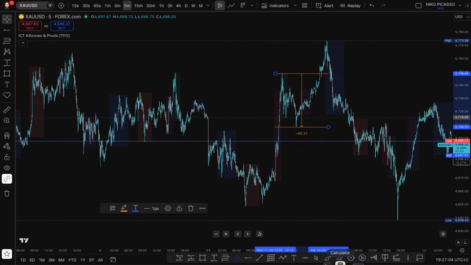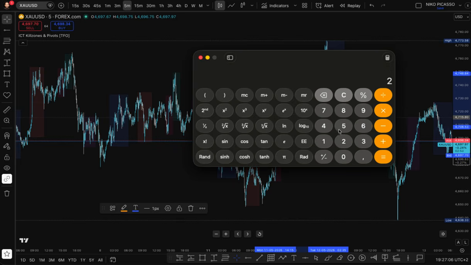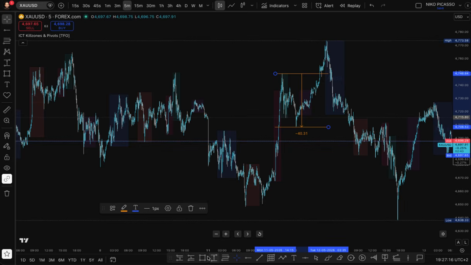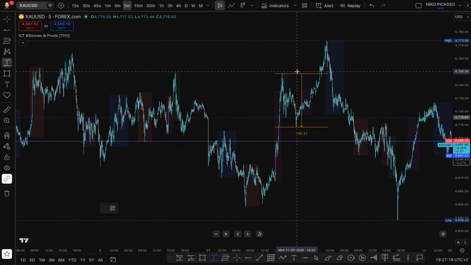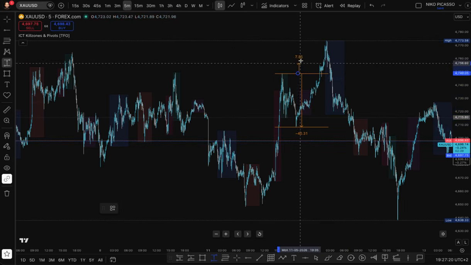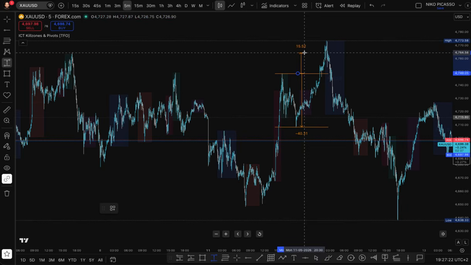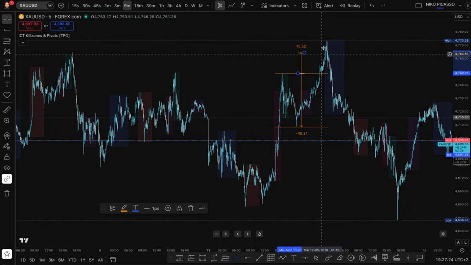We divide that by 2.6, that's 15, and then we'll just get the level here. And as you can see, the price went a little bit higher.